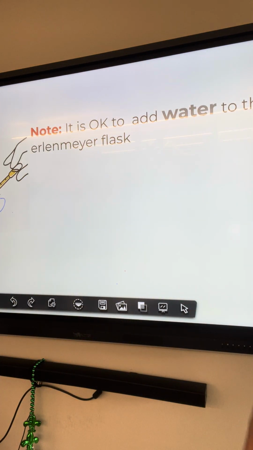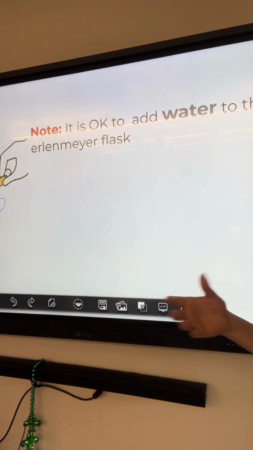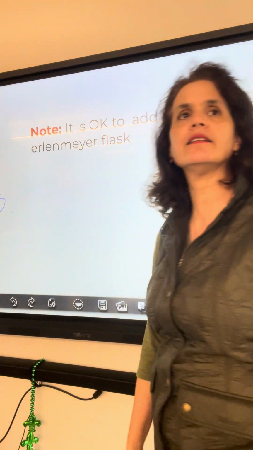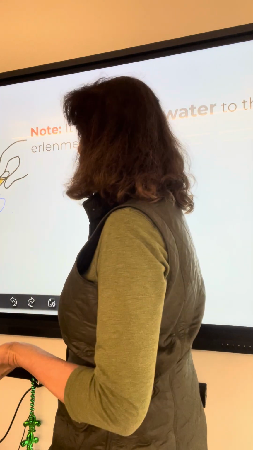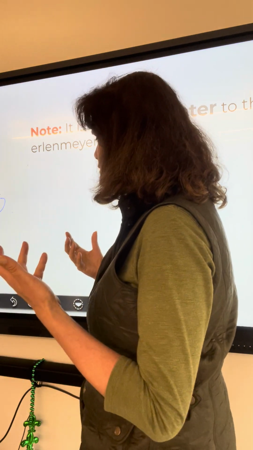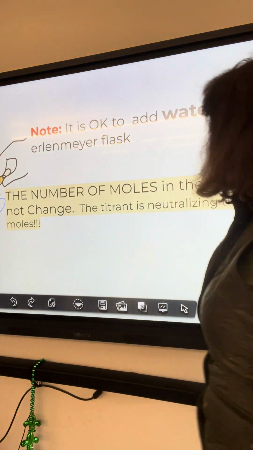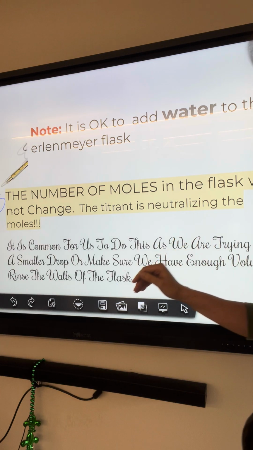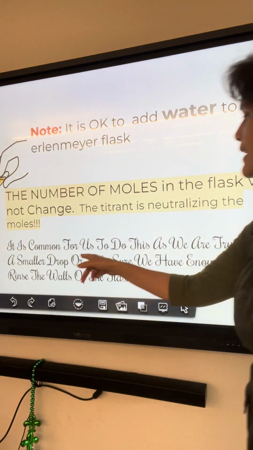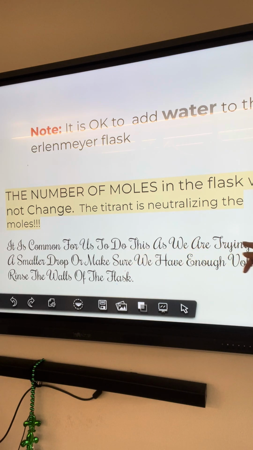No. And since in this experiment all we care is about the number of moles, it's okay to add water to the analyte. Because once the 5 OHs fall, it's still going to change. It's actually something that is done regularly. The number of moles in the flask will not change. The titrant is neutralizing the moles. And I say here, it is common for us to do this as we are trying to get a smaller drop, or just what I was describing, right?